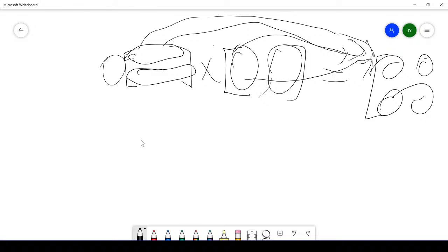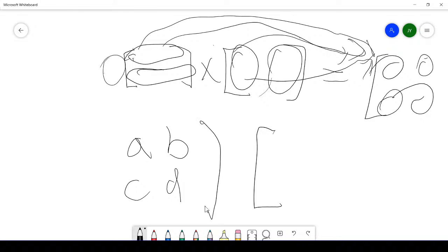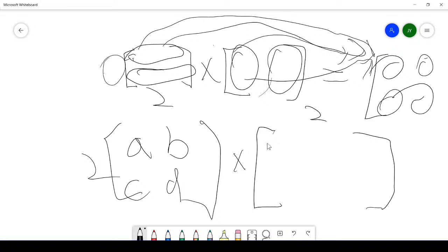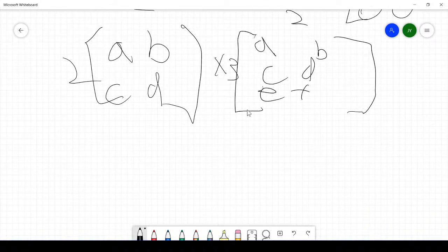So what I mean by this is let's draw this out. A, B, C, D. This is a 2 by 2 matrix times, let's say this is a 2 by 3 matrix. This is A, B, C, D, E, F. Say we have this here, right?